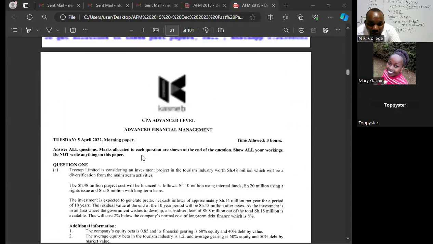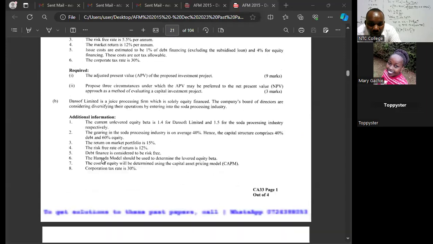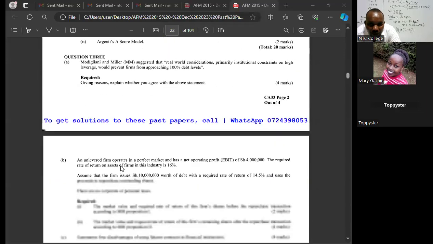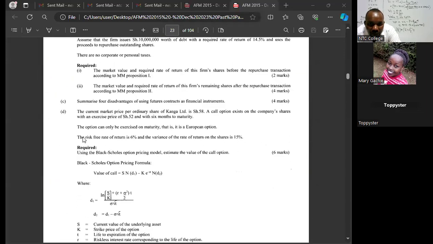I wish it comes in the exam. In April 2022. The current market price is that one. A call option exercisable on the company's share with an exercise price of this one, with 6 months maturity. The option can only be exercised on maturity. When they say only on maturity, that is a European option here.